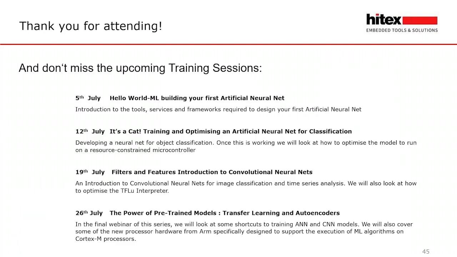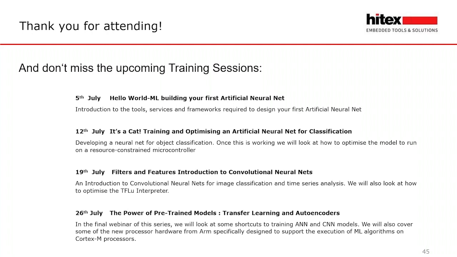Well, I hope that's been useful today and gives you a feel of what's coming. We'll do a set of 4 webinars that will first give you an introduction to artificial neural nets, tools and building a basic neural net. In the second session, we'll have a look at how to build an artificial neural net for classification, and also how to optimize it to run on a small microcontroller.